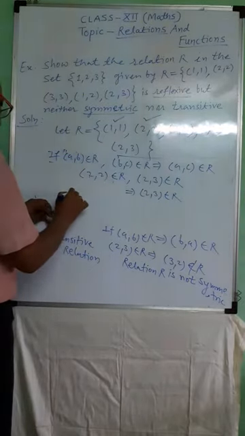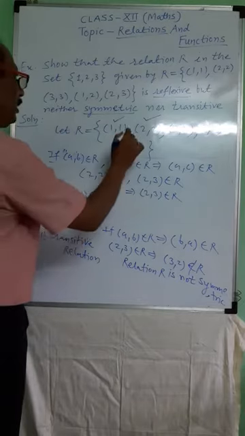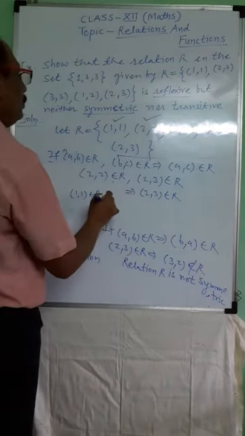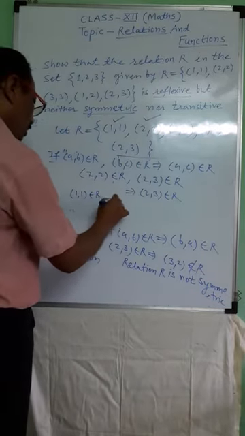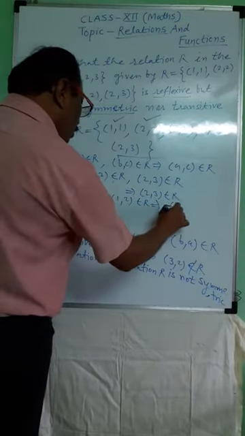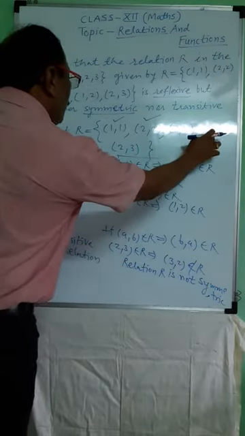Suppose (1,1) belongs to R, then (1,2) belongs to R. Then (1,2) should belong to R. Whether it belongs to R or not? Yes, it belongs to R.